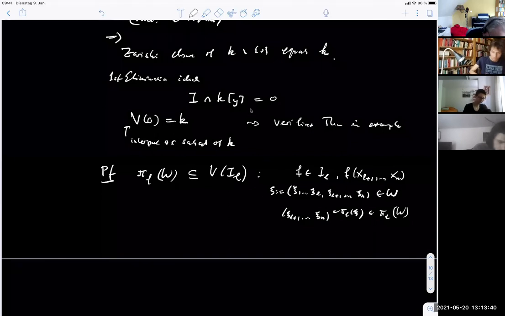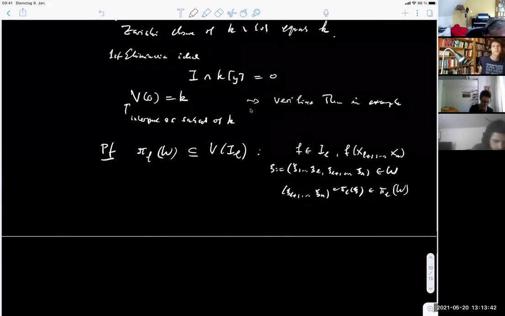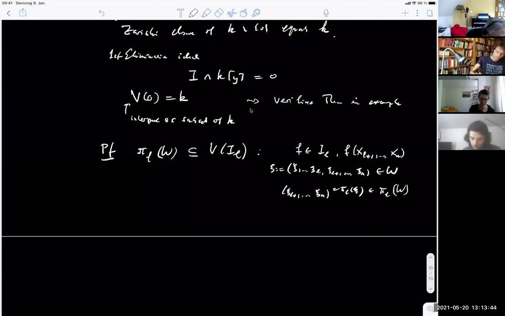Okay. So what do I want to show? Actually there's nothing to prove. It's all the notation. It's very difficult. So f evaluated at xi is 0. Okay. Sorry, now I'm confused. What do I want to say?